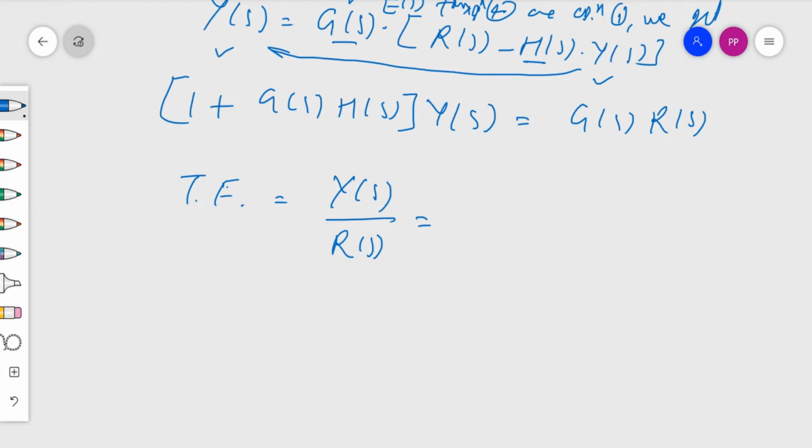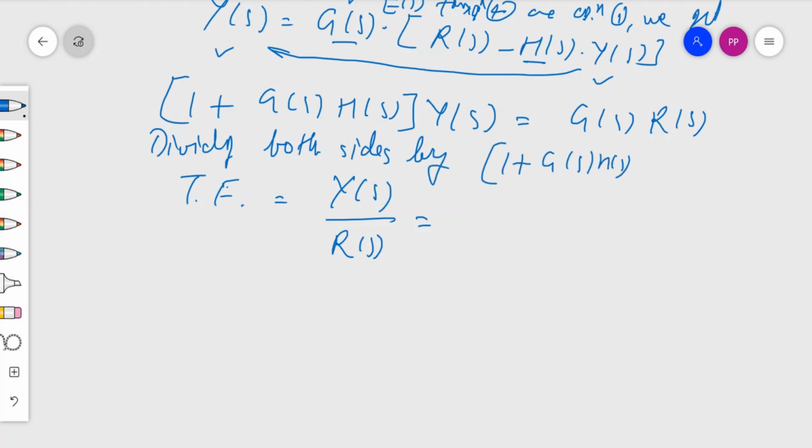You divide both sides by 1 + G(s)H(s), and we get G(s) divided by 1 + G(s)H(s).